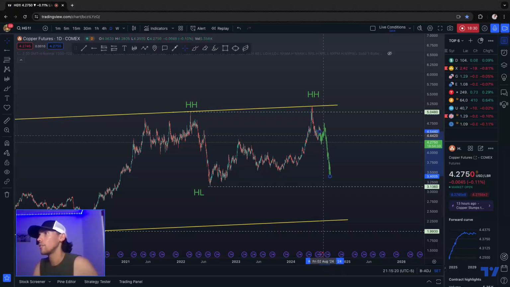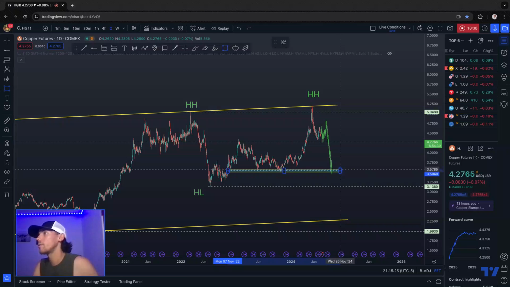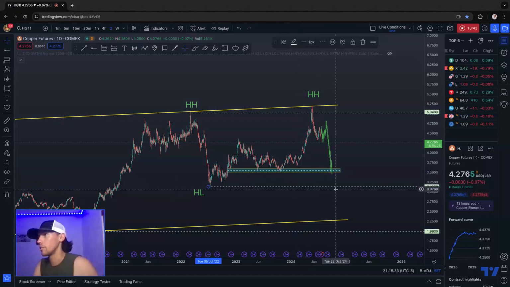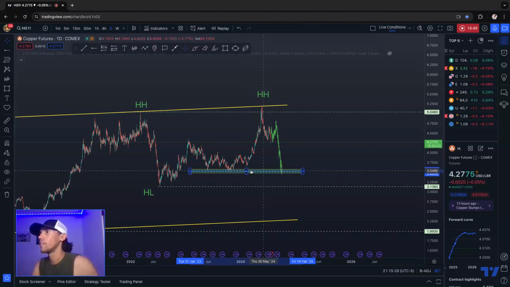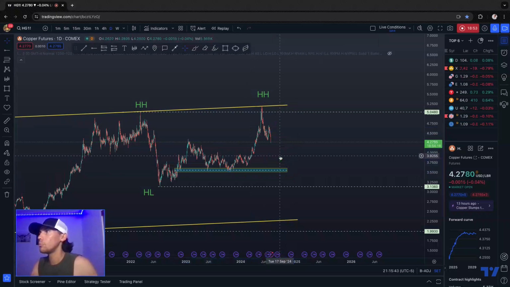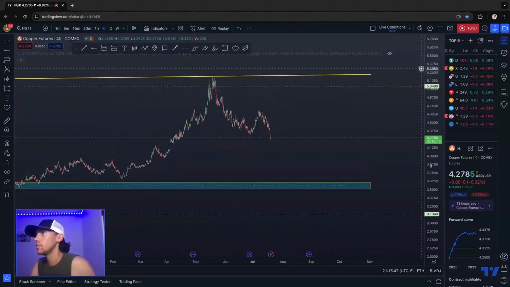Look how much we had of a drop on it, which would line up with this right here. And then if it breaks this, I would look for it to go lower. So yeah, I can definitely see a pullback on copper, seeing price come down. That's just on the daily still.